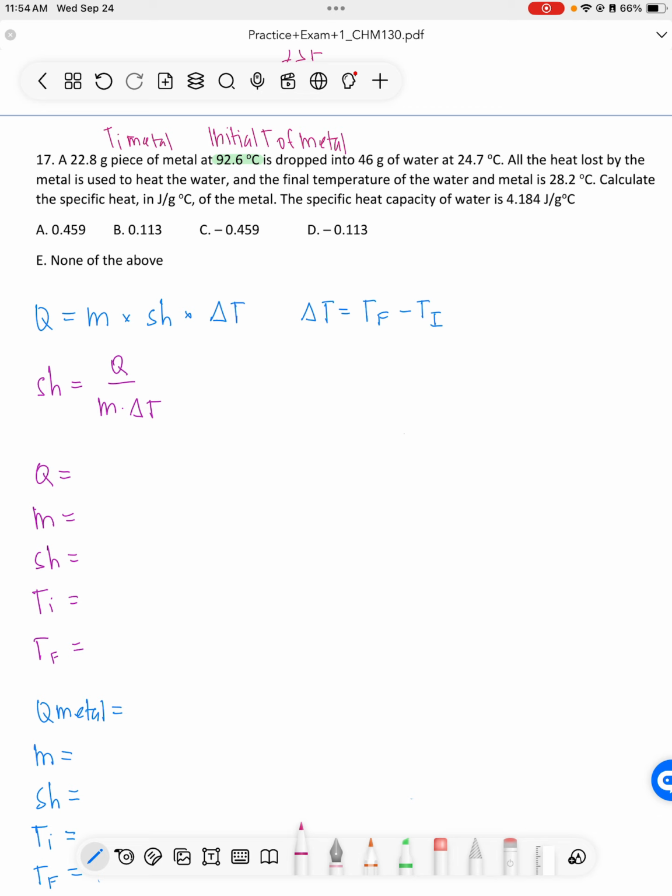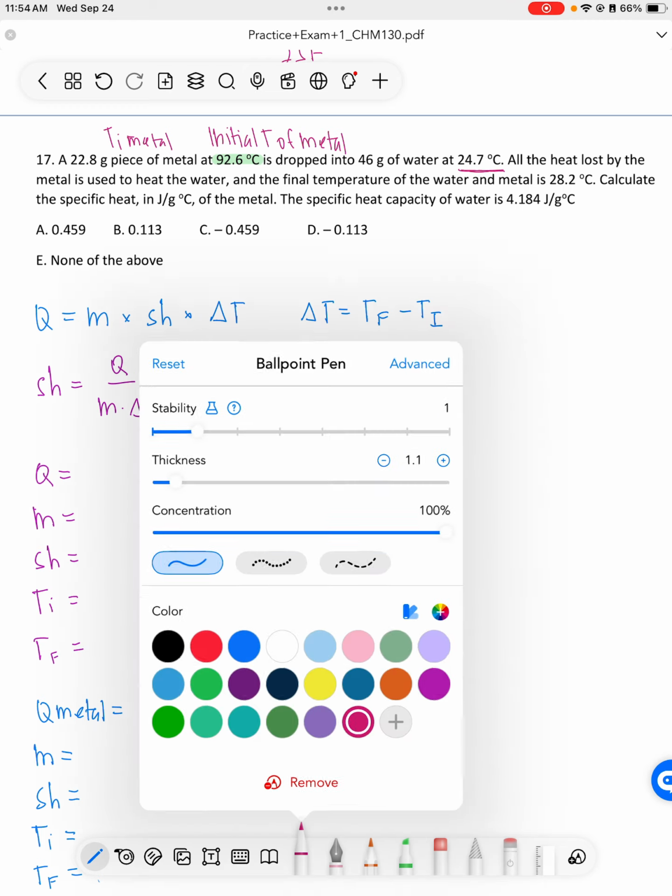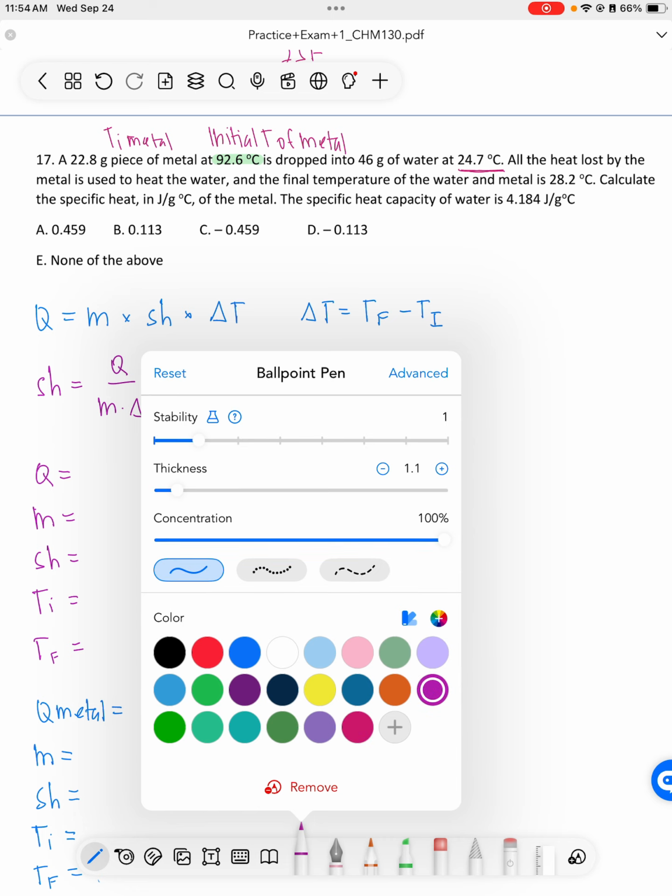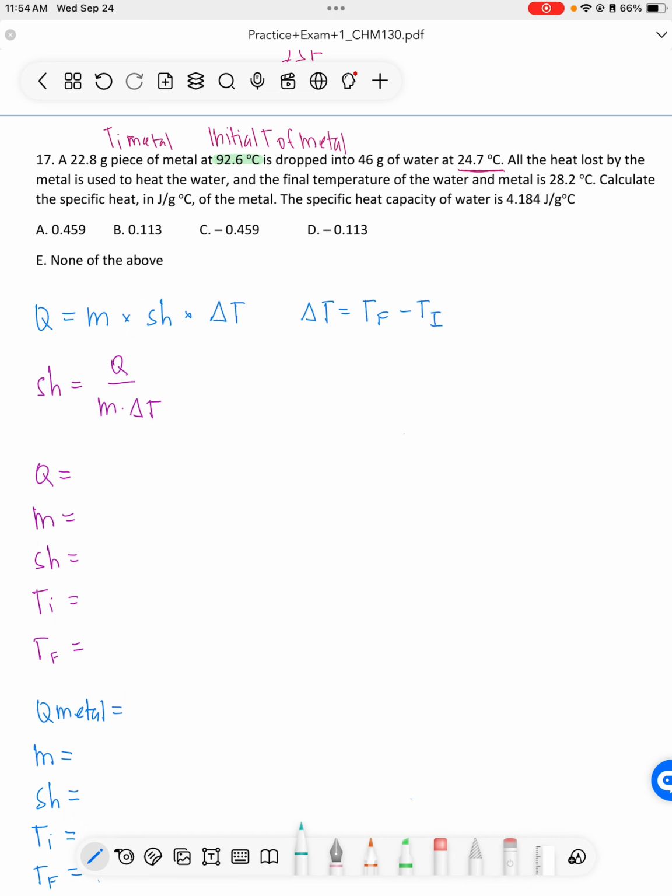Whatever you want to put to tell yourself that's the temperature of the metal. And it's dropped in some grams of water, and the water is at this temperature. So here's another initial temperature, and you can do it in a different color, you can highlight it, you can do whatever you need to do on the test to help you look at this. So I'm going to put temperature initial of water.